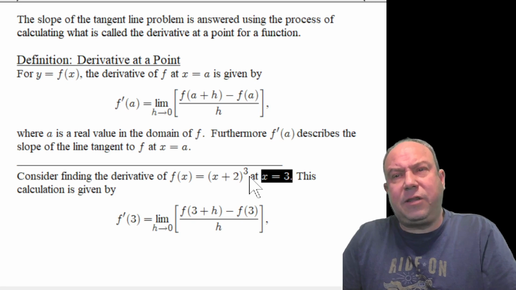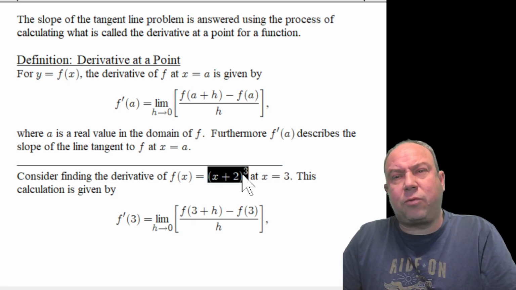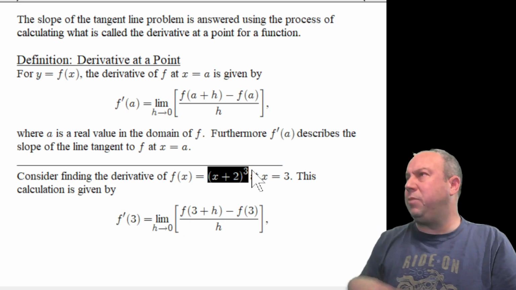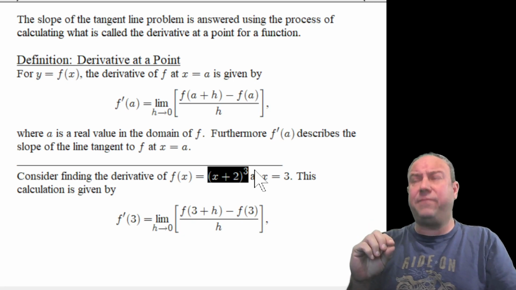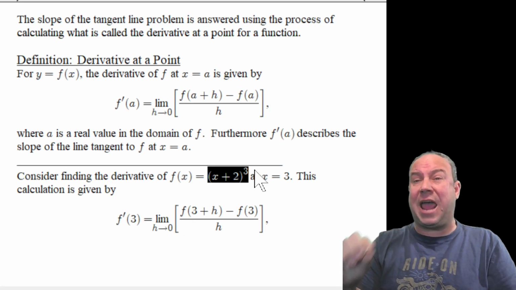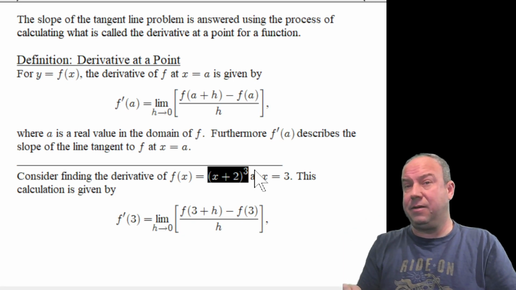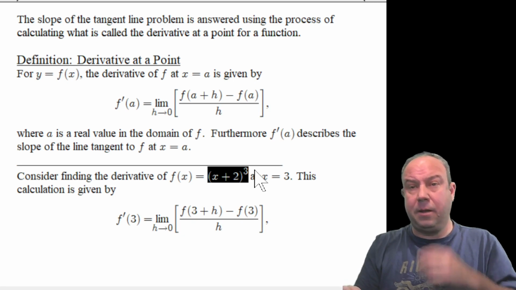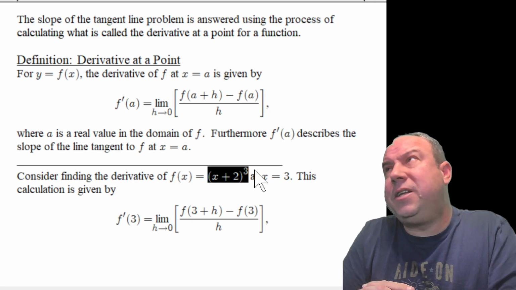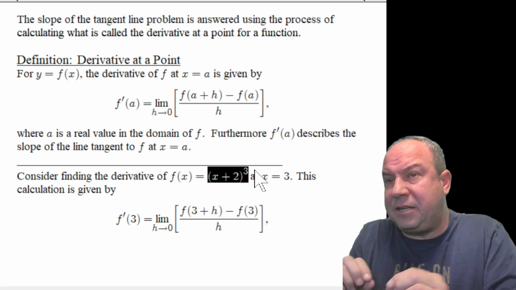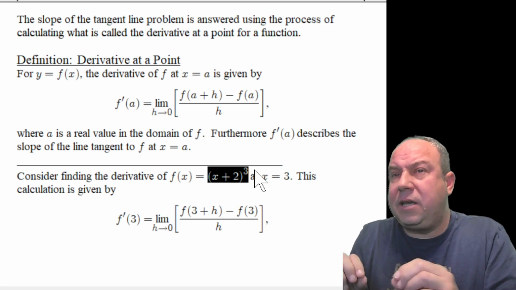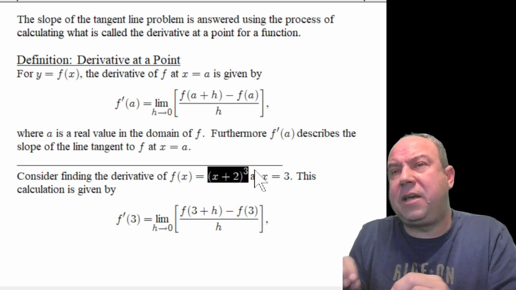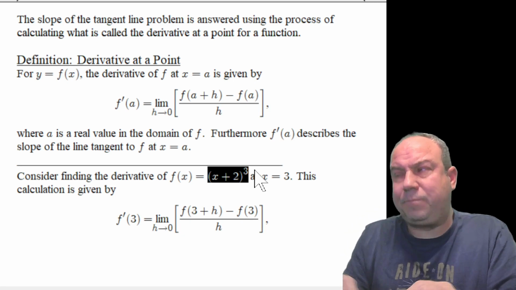Now we can certainly see when x is 3, we have 3 plus 2, and that gives us 5, and 5 cubed is 125. But that 125 is just the output of the function at the value of 3. What we are interested in is the slope of the line tangent to the curve at that coordinate 3, 125, 3, f at 3.